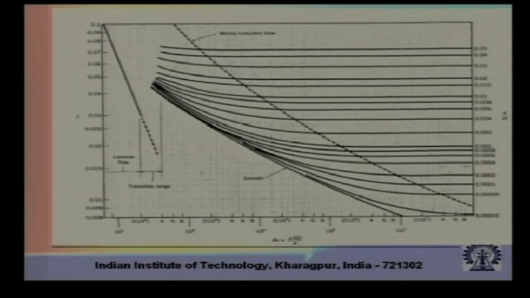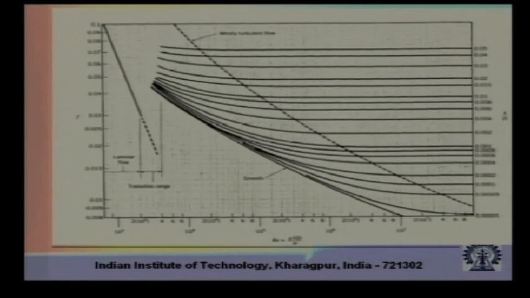If you go towards the top of the figure, you will see that the inception of the horizontal portion starts at a relatively lower Reynolds number for what? For very high wall roughness. So we have to understand what effect of the wall roughness is creating such a behavior.